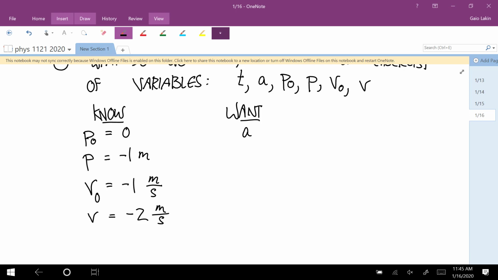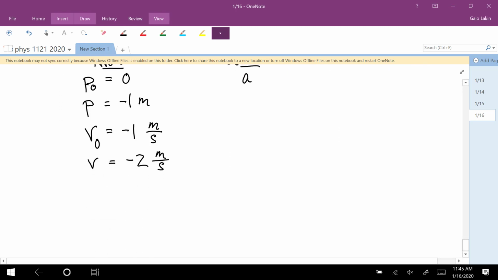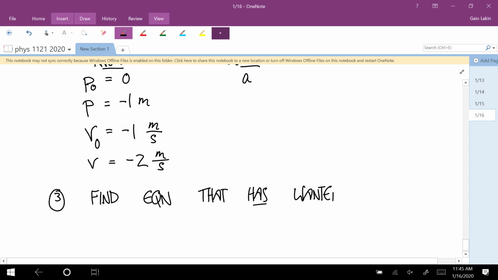And so now all we have to do is find an equation that lets us work with this. So find an equation that has the wanted variable, because you can't solve for something that's not in the equation.